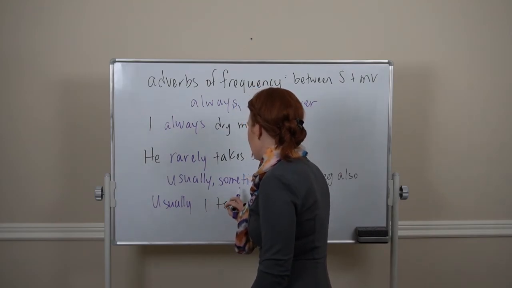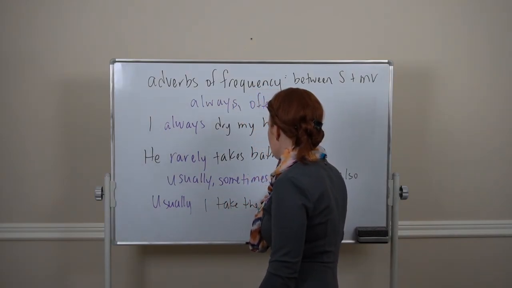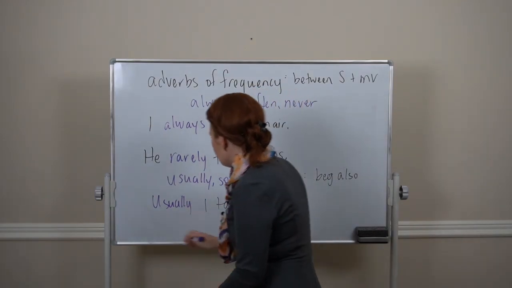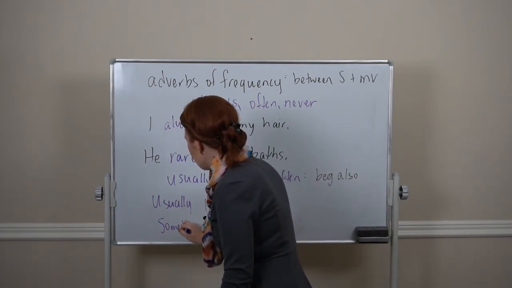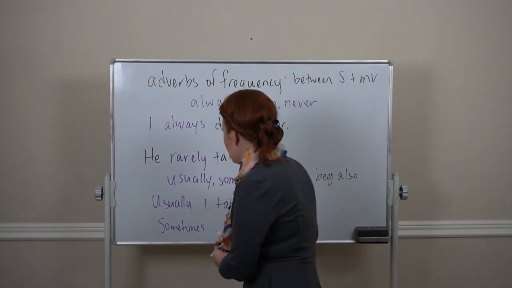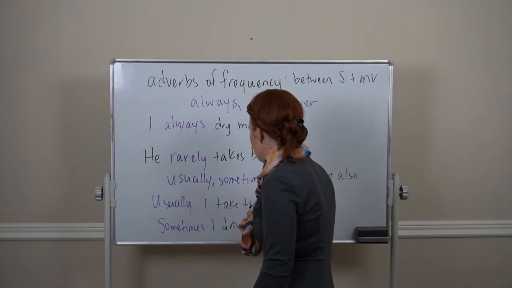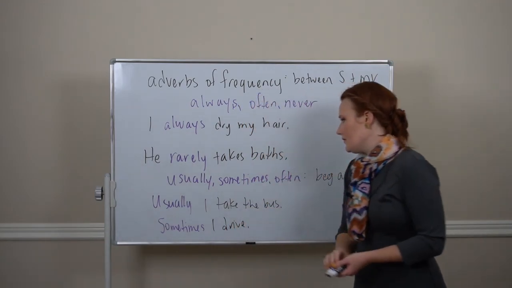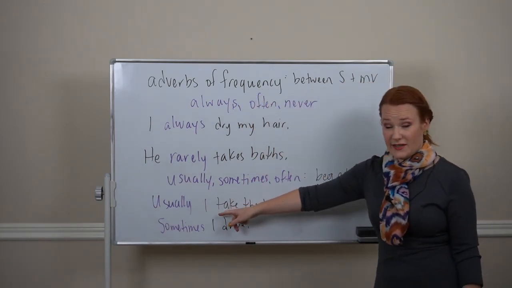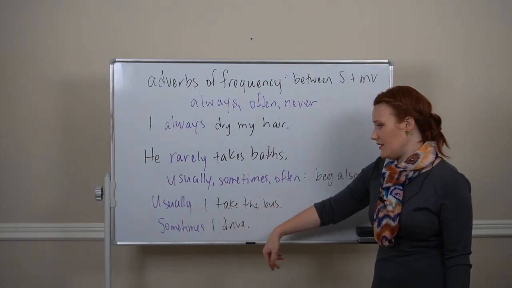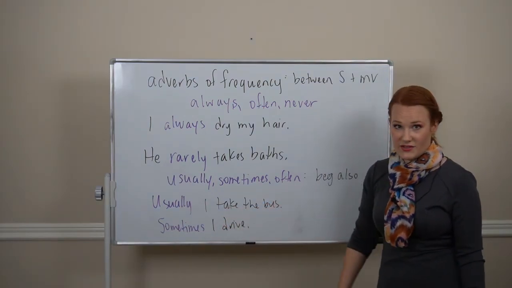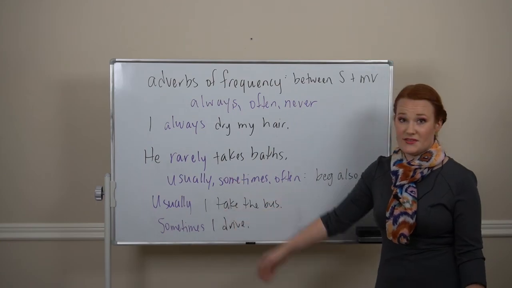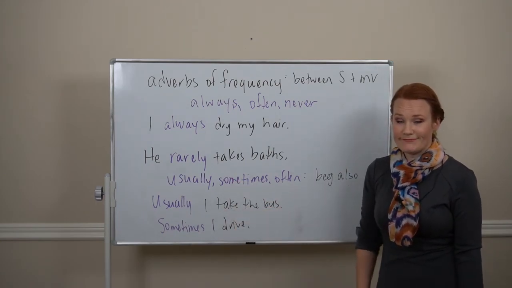Usually, I take the bus. Sometimes I drive. All right, so I can put that between the subject and main verb too. I sometimes take the bus. I always drive, beginning or between that subject and main verb.